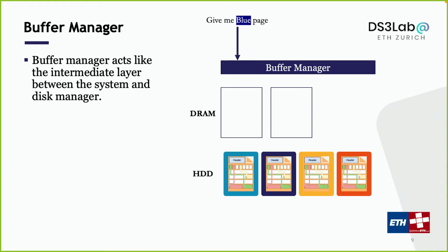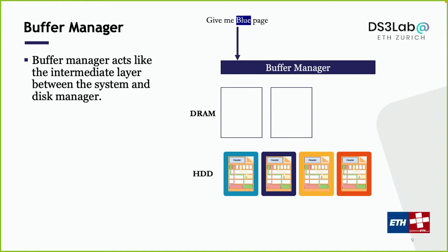Whenever the upper layer says, okay, I want the blue page, that's one request to your buffer manager. What the buffer manager is going to do is say, okay, I will make sure this blue page is in memory to answer your request. So I'm going to check whether inside my DRAM there is this blue page or not.